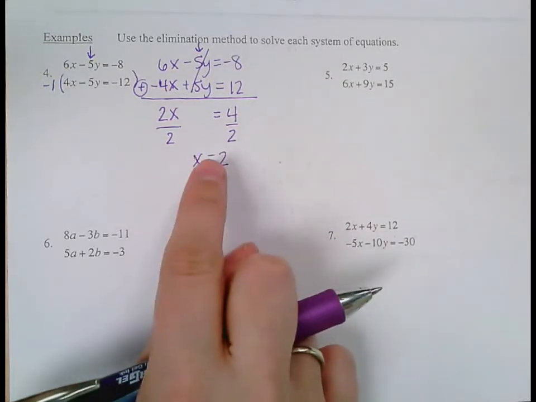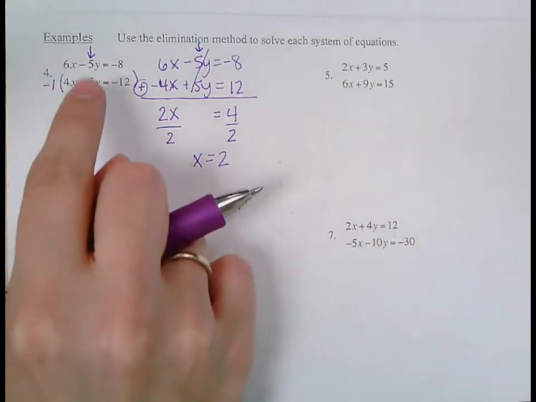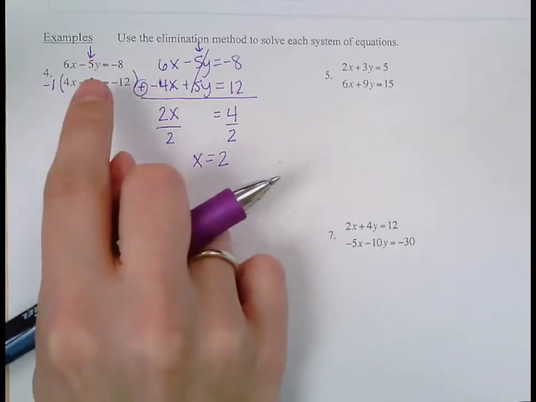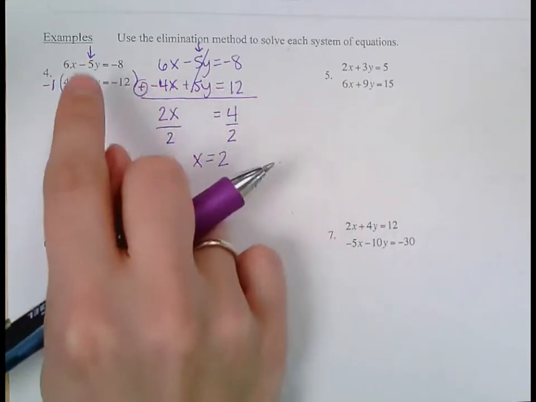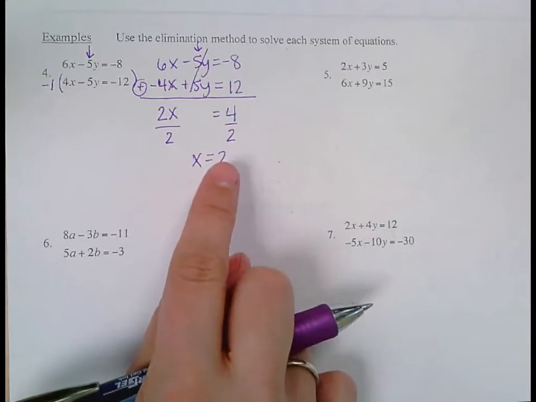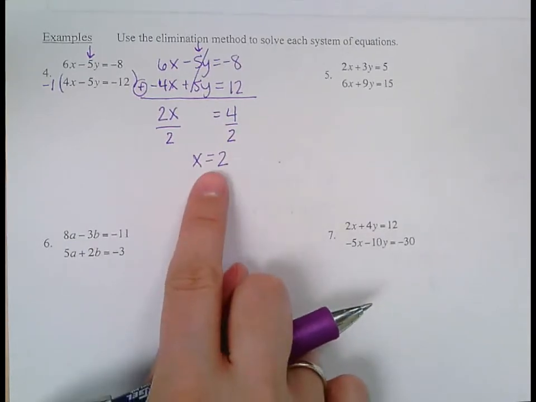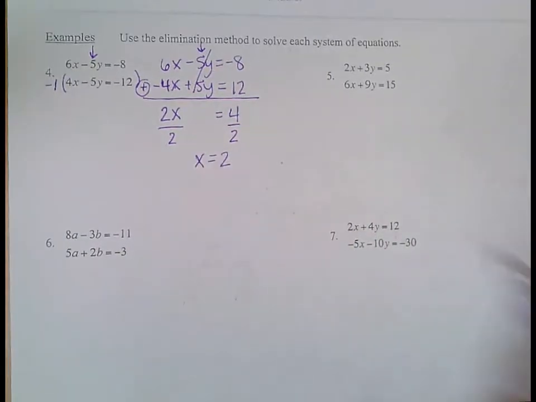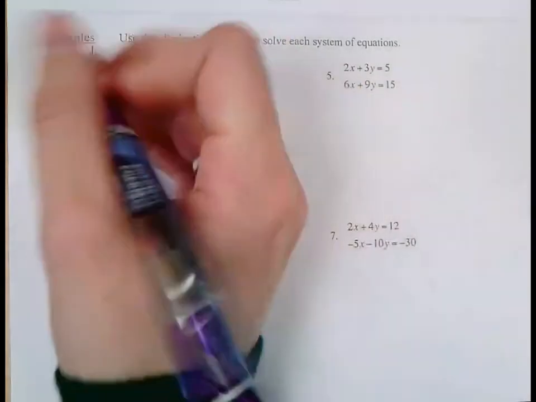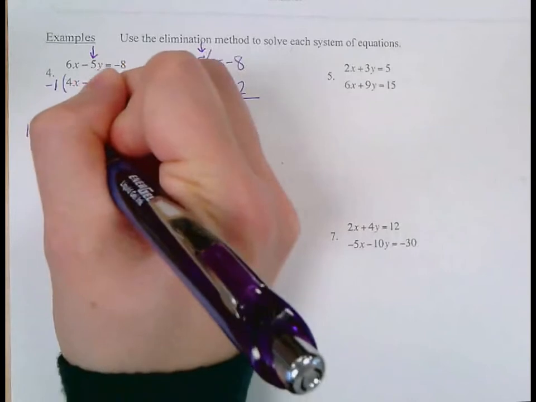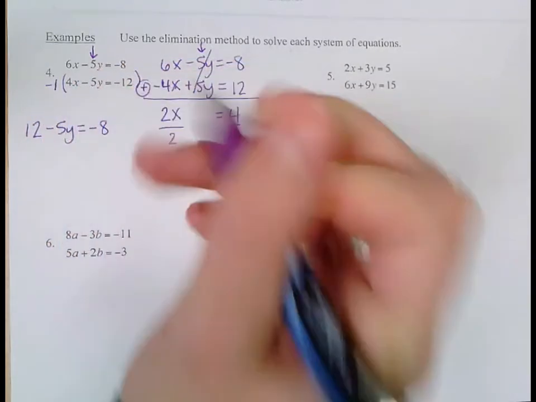Now once I have x, go back to one of your two original equations. I would just recommend not plugging it into the equation you changed, but one of the two original, doesn't matter which one. Substitute in the x value of 2 and solve for y. So let's say I just substituted into the top one. So I would have 6 times 2, that would be 12, minus 5y equals negative 8.